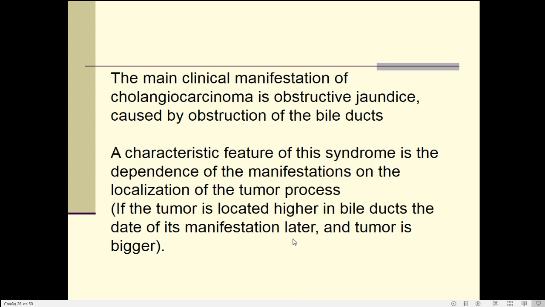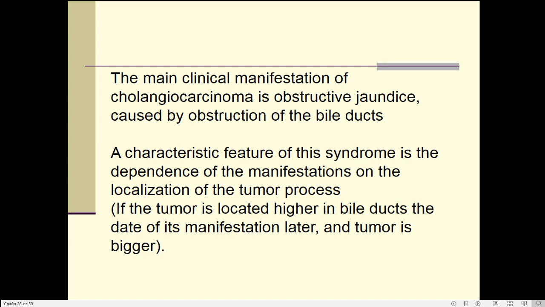The main clinical manifestation of cholangiocarcinoma is obstructive jaundice caused by obstruction of the bile ducts. A characteristic feature of this syndrome is the dependence of the manifestations on the localization of the tumor process.